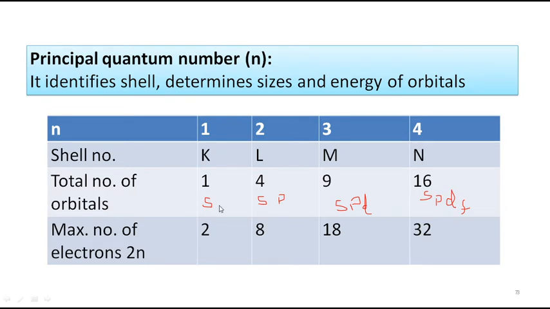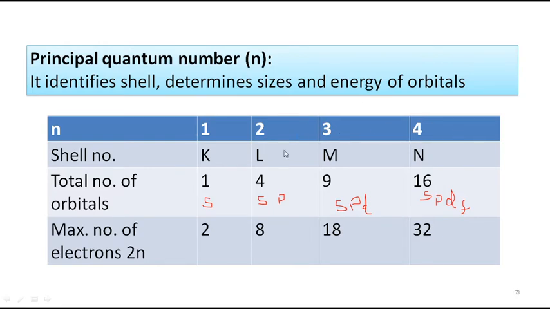So the maximum number of electrons those orbitals can accommodate is 2n. So 2 into 1, so 2 electrons. Next, 2 into 4, 8 electrons. 2 nines are 18, 18 electrons. 2 sixteens are 32. So totally 32 electrons can exist in the N shell. So now you understood what is principal quantum number. Principal quantum number is actually 1, 2, 3 and 4.